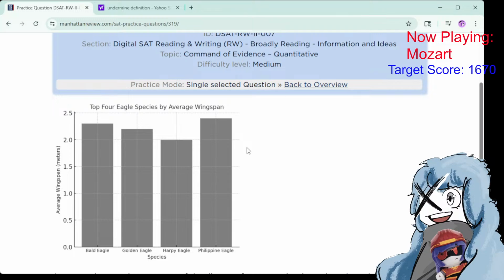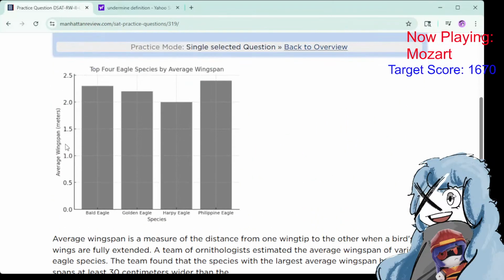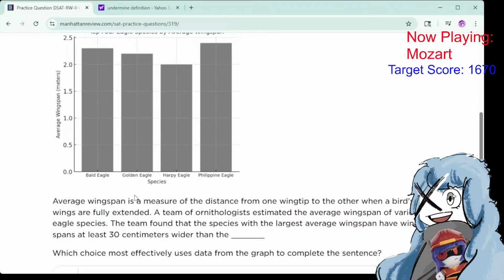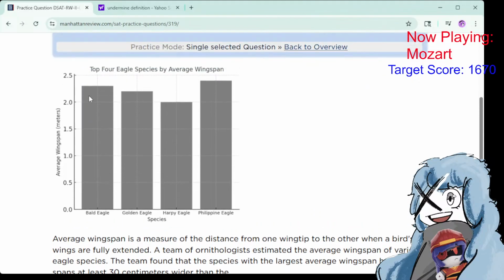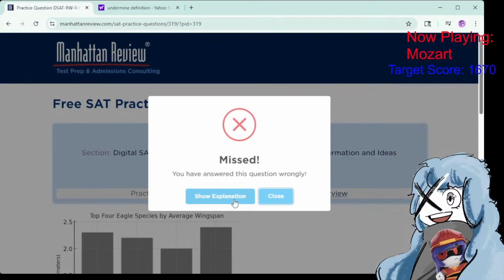The Philippine eagle is either 10 above bald eagle, 20 above golden eagle, and 40 above the harpy eagle. There's no 30 centimeters wider. I just take a guess at golden eagle, bro. It's wrong. Fuck me.